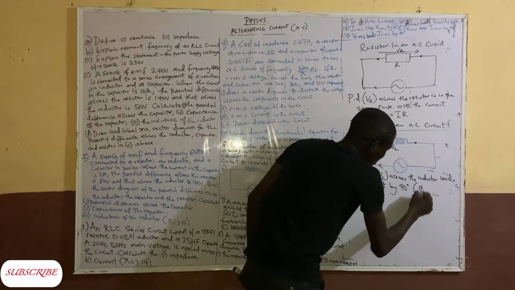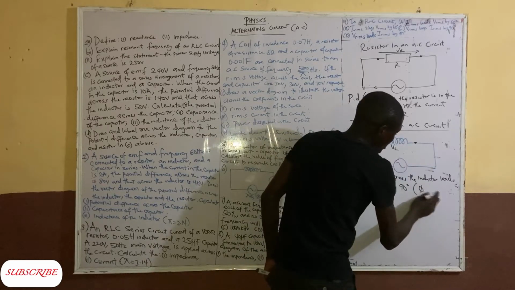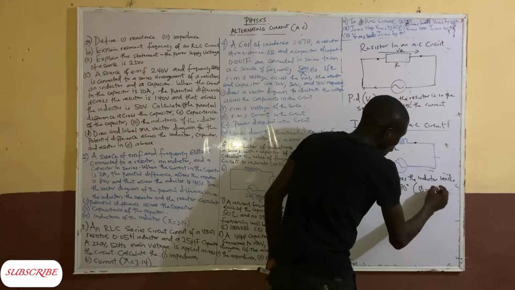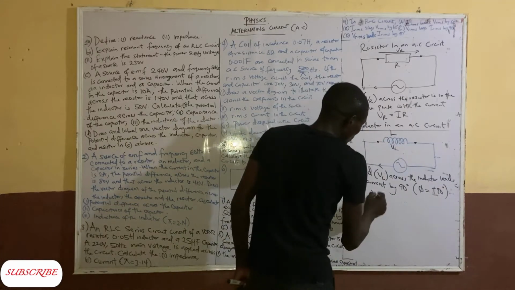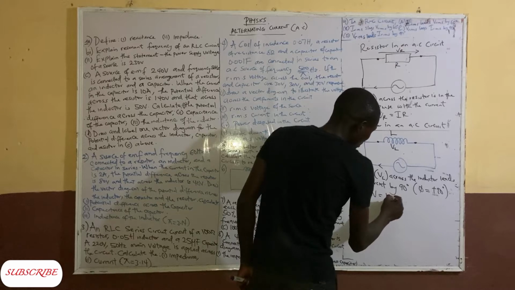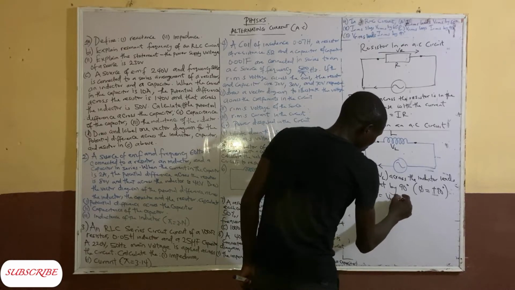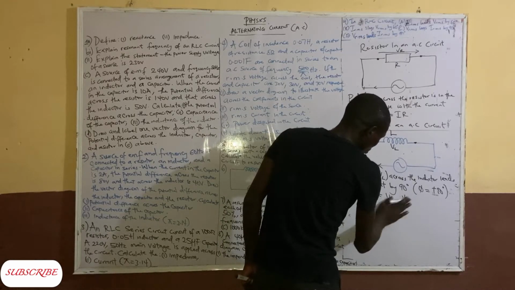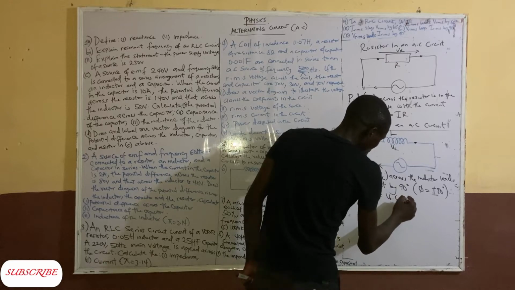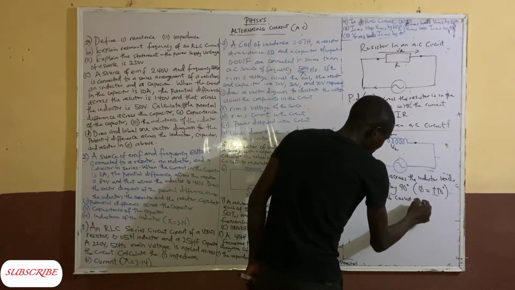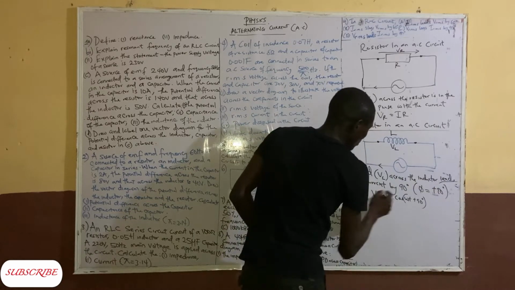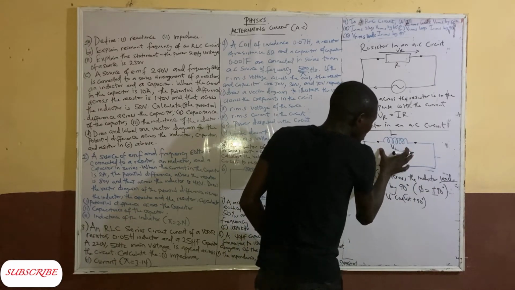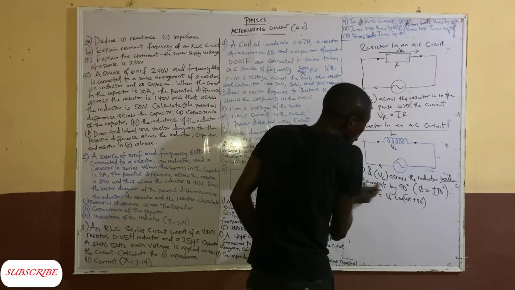That is the alpha; based on the equation that we write together now, the alpha will be equal to plus 90 degrees. So in other words, V here will be V naught sine omega t plus 90 degrees, or cos omega t. So that's what it means. It leads. This is very, very important. The potential difference across the inductor leads the current by 90 degrees.